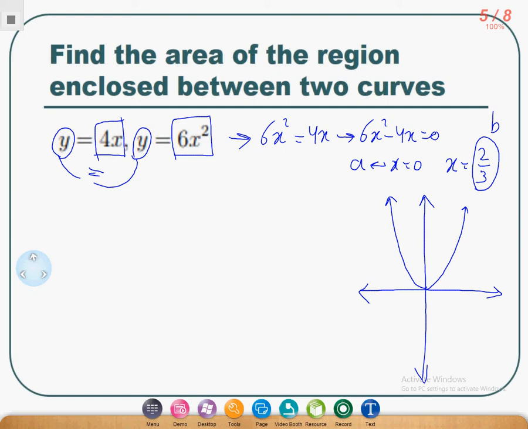So the graph will be this way. I think from the graph, without me talking further, you can decide which function is up and which is down. This one will be function y1, and this one is y2. So y1 is upper, and y2 will be the lower.